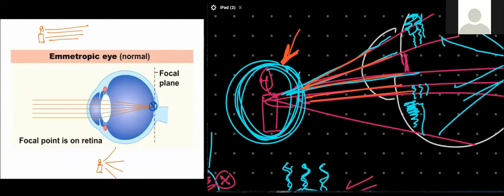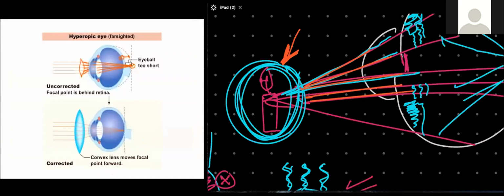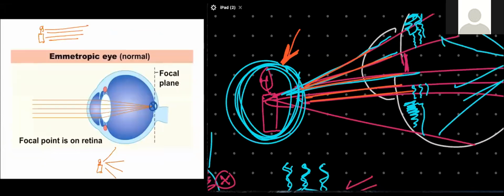Which one is better for this patient with a hyperopic eye? His problem is in converging the light rays. Which one is going to be easier to converge? The parallel rays or the divergent rays?